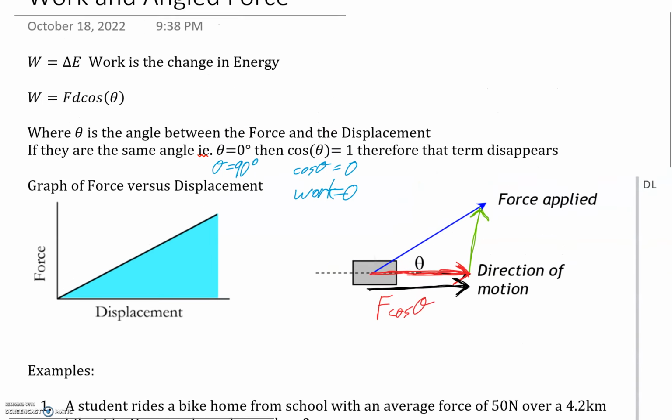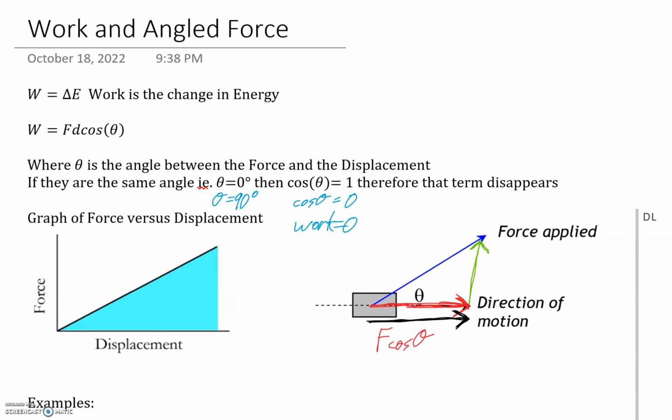That means that if the force is not in the same direction, if it is vertical compared to the direction of displacement or direction of motion, then none of it counts towards the work, because it has to have some component going in the same direction.